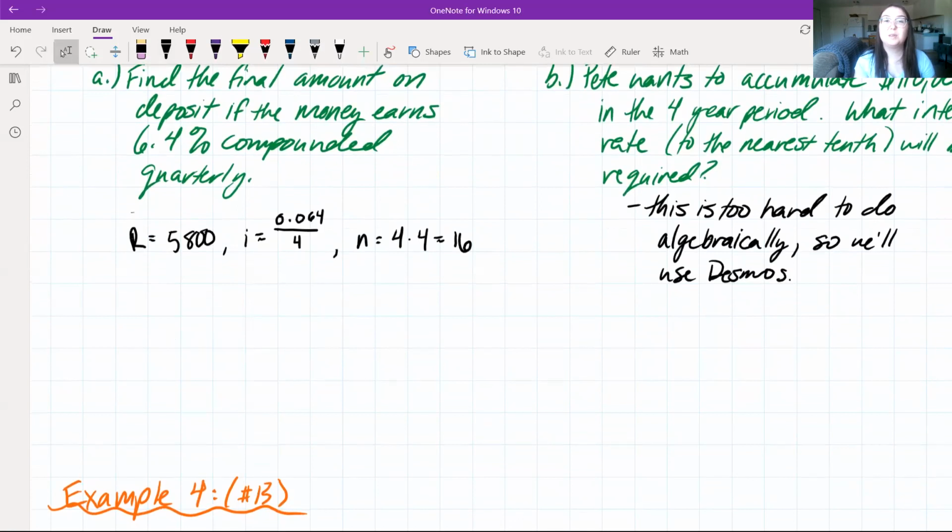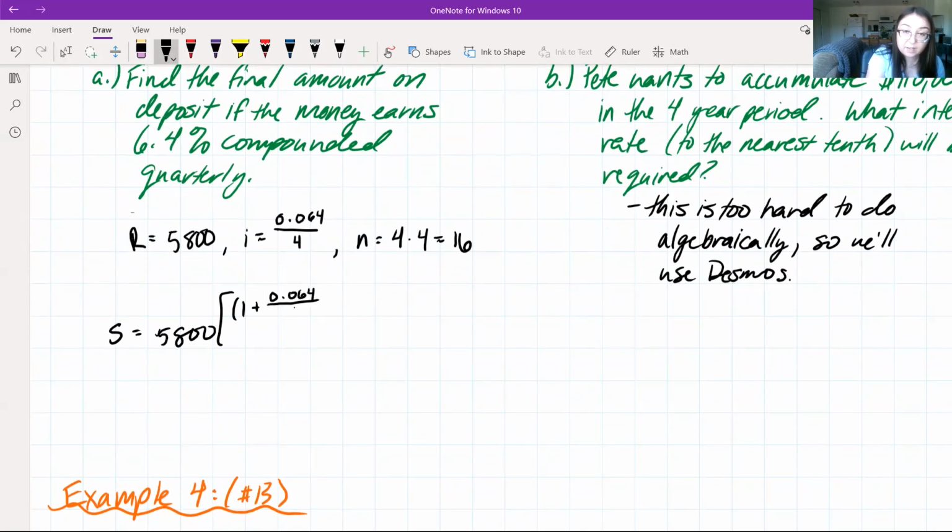All right, and then we just want to use the equation that we've already been working with. So we get that S is equal to 5,800 times 1 plus I, which in this case is 0.064 divided by 4 to the power of 16 minus 1, which is all going to be divided by 0.064, just divided by 4.